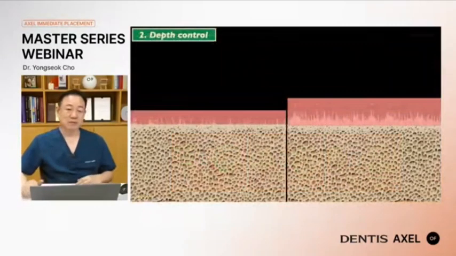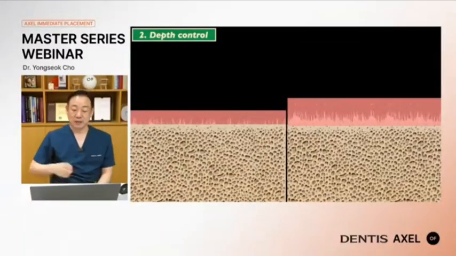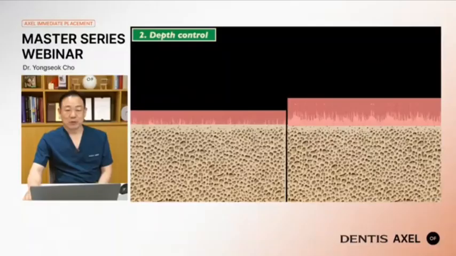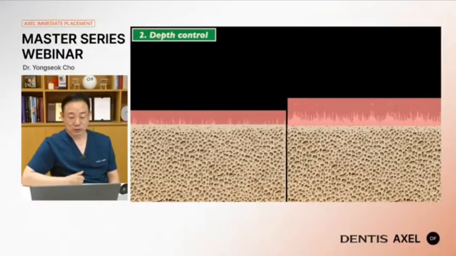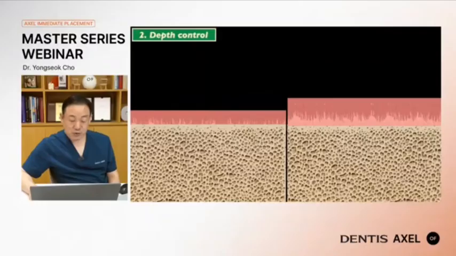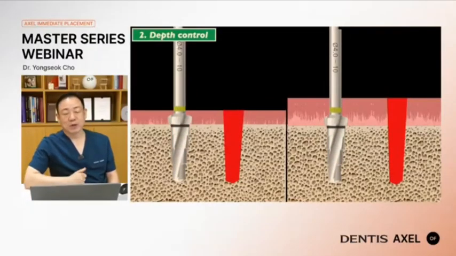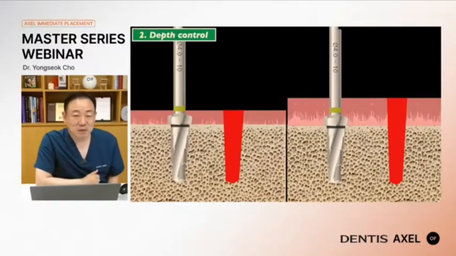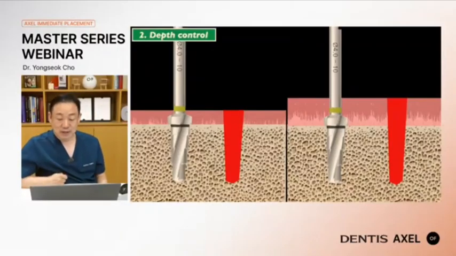Okay, one more thing is depth control in case of late implant surgery. When we prep the osteotomy, we are using a certain length of drill. So this drill will make a certain depth of hole from the bone margin to the apical portion. Okay, if it is a 10 millimeter drill, actually the length of the osteotomy is not 10.